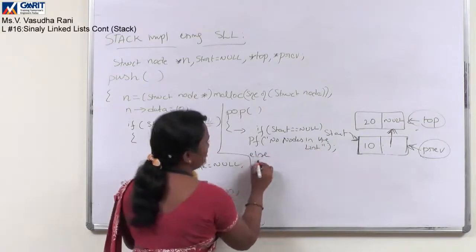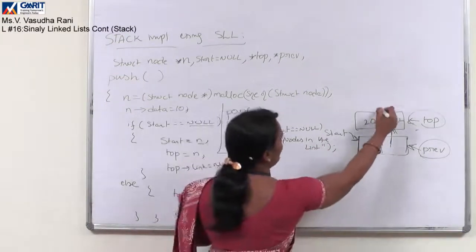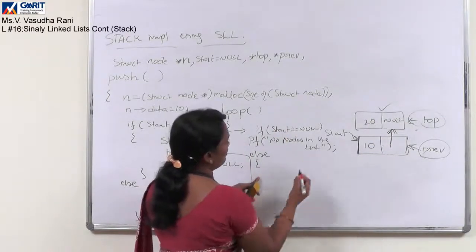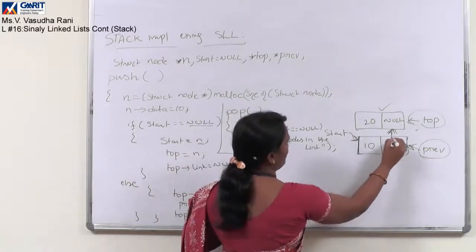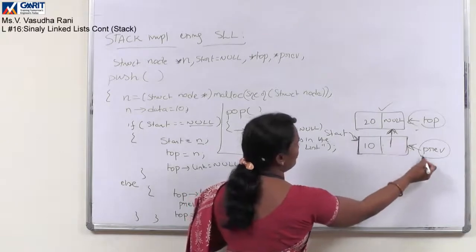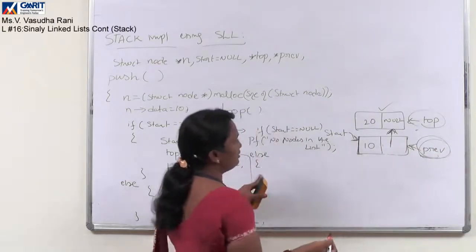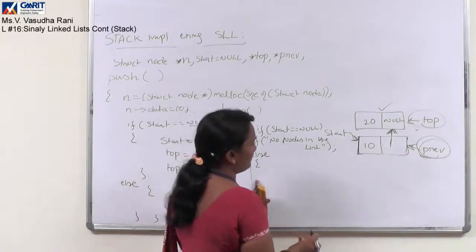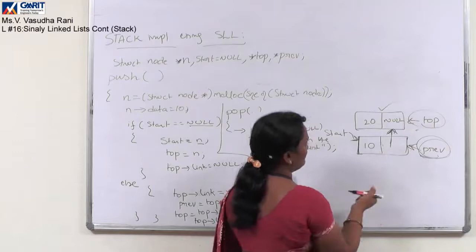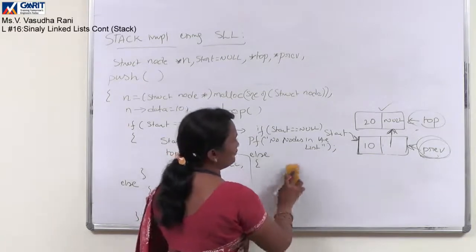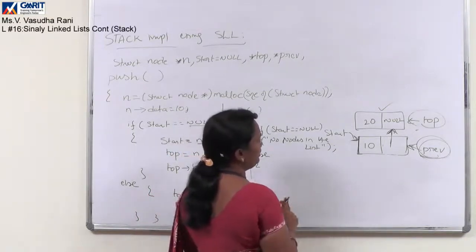In the else case, we want to delete the topmost node. For that, we have to make the previous node our top node, and the top node has to be deleted.